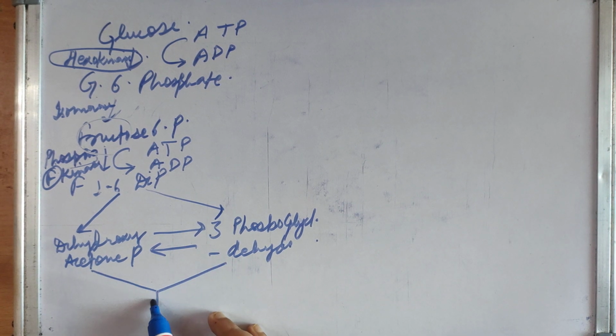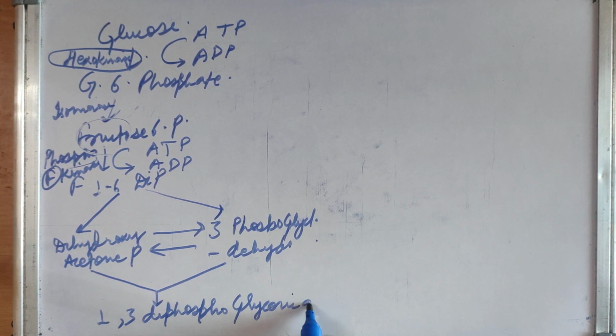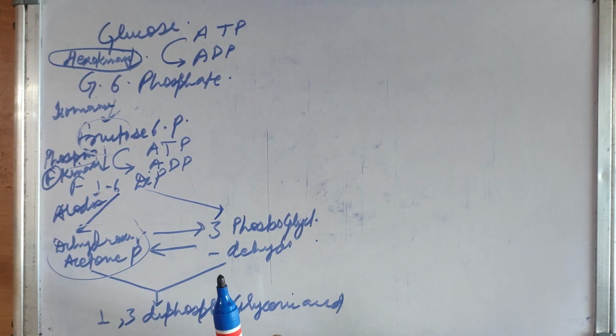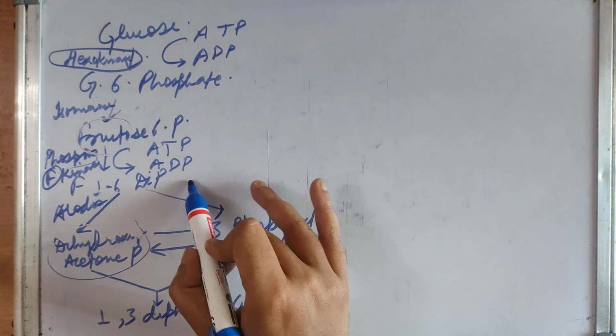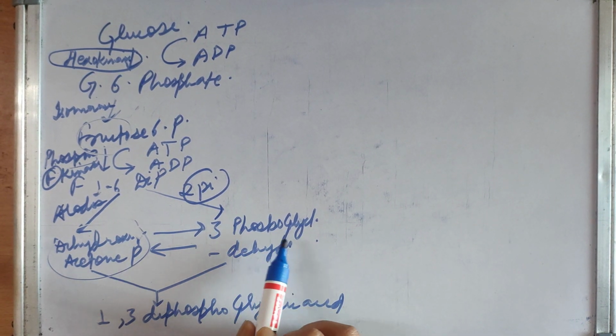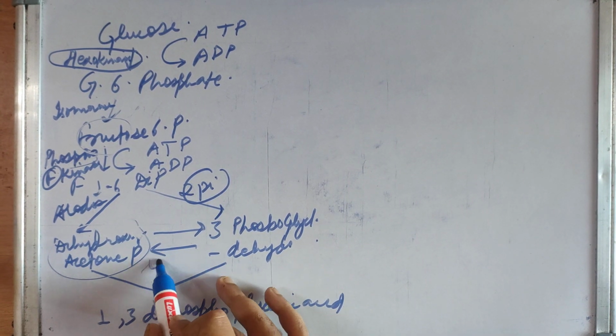And then this again forms 1,3-diphosphoglyceric acid. So here also enzymes are used. Aldolase converts fructose 1,6-diphosphate to dihydroxyacetone phosphate, and 3-phosphoglyceraldehyde to dihydroxyacetone phosphate is converted in presence of isomerase.